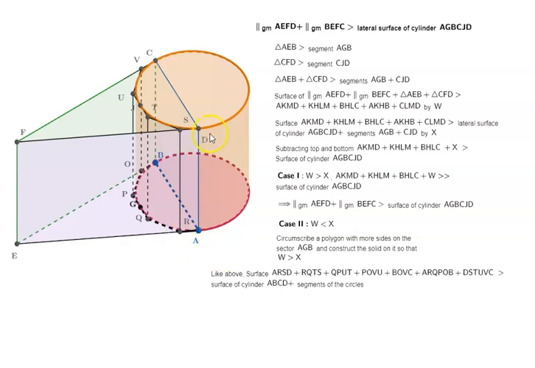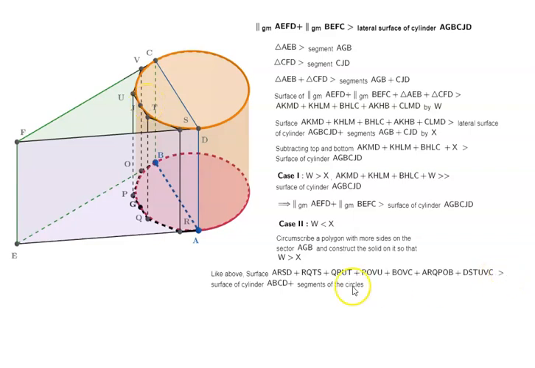Surface ARSD plus RQTS plus QPUT plus POVU plus BOVC plus the top and bottom, that is ARQPOB polygon plus DSTUVC polygon.